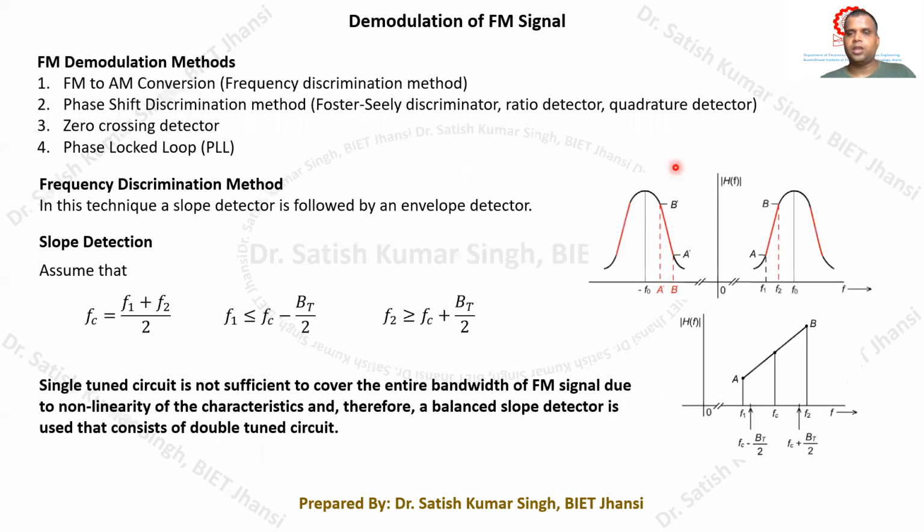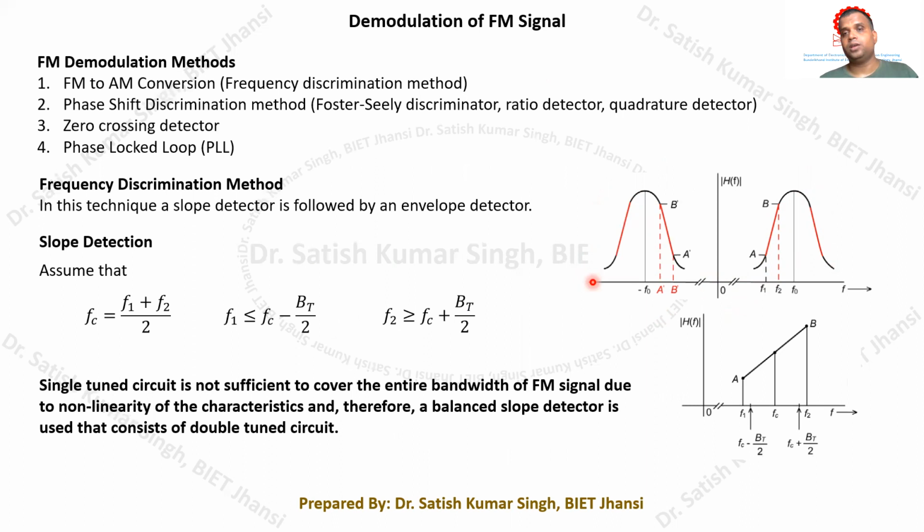Now suppose we have a tuned circuit and its frequency response curve is something like this. We already know that we should have a double-sided spectrum, so whatever we have at the positive frequency, the same should be on the negative axis. Suppose we have this type of frequency response of any tuned circuit.